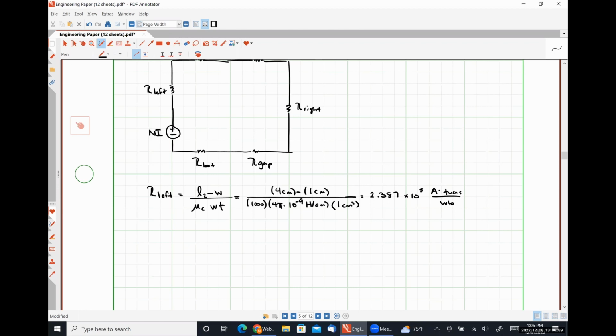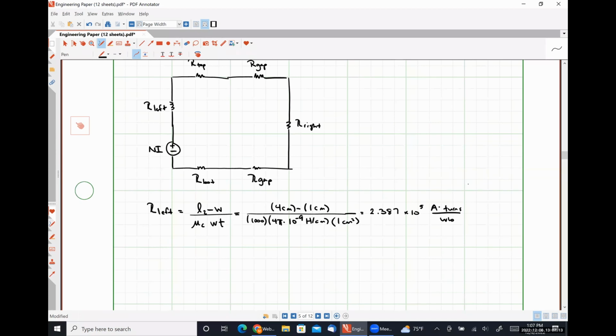Calculation is effectively exactly like we did for the last example problem. It's just got different dimensions, right? So anybody have a problem with where any of these numbers came from? All right. Since the left-hand part of the path and the rightmost part of the path are the same length, the core material has the same dimensions, and the same permeability, I'm sorry, we can say pretty easily that R right will be R left.